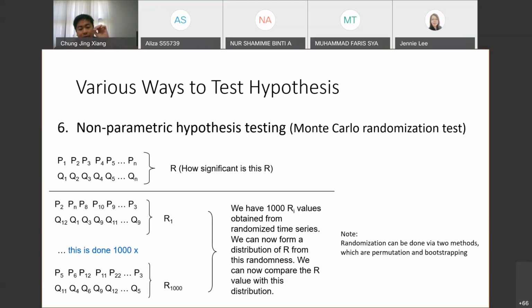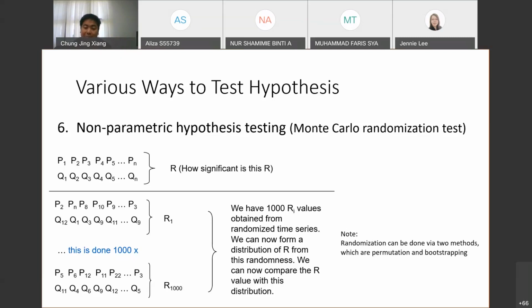It means the R you got is not from the group of R that you randomly created. The R you get is really statistically significant. Then you will say, all right, P and Q are related at a certain significance level.